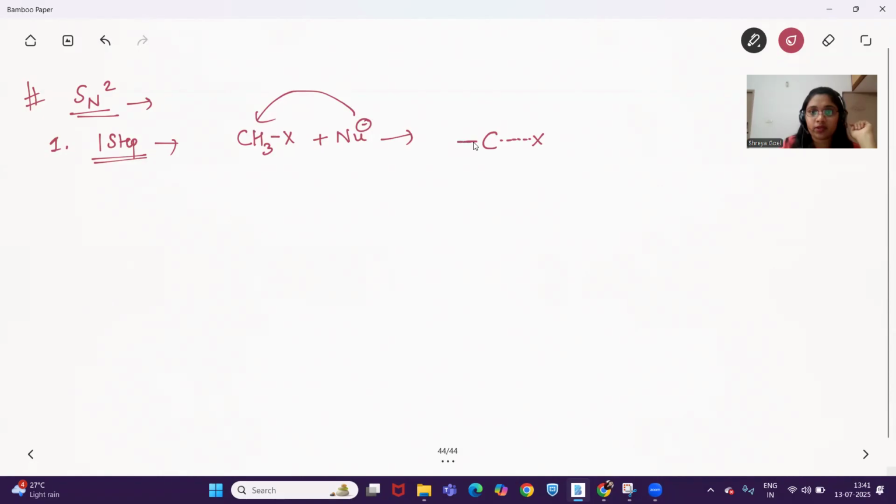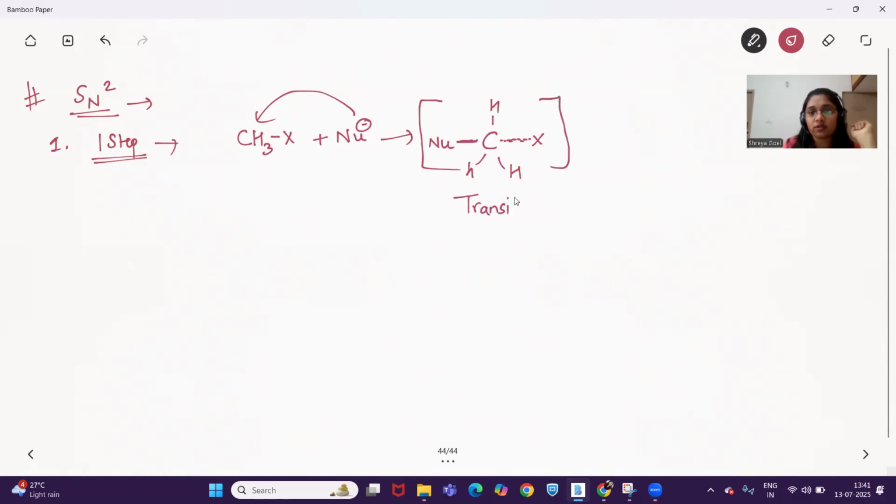I am showing a little bit dark line for the nucleophile. It is forming bond with carbon, and it is breaking bond with carbon. And of course, hydrogens are present here. So this is called the transition state.